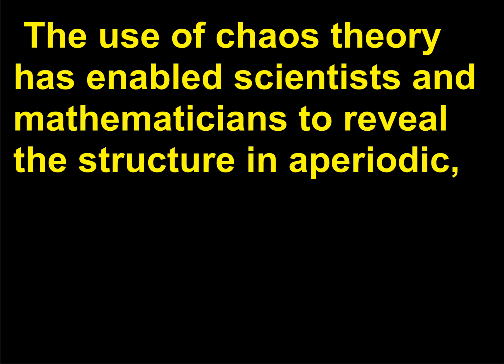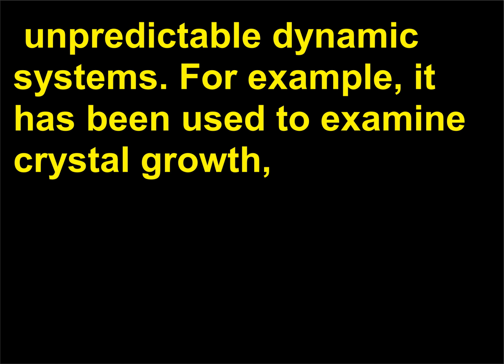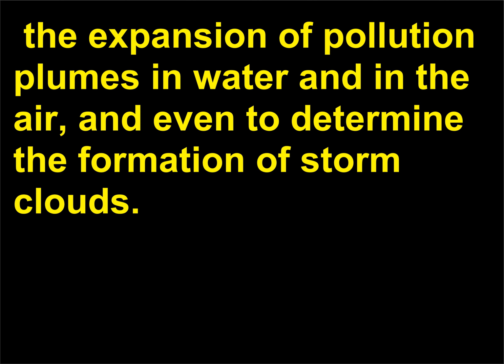The use of chaos theory has enabled scientists and mathematicians to reveal the structure in aperiodic, unpredictable dynamic systems. For example, it has been used to examine crystal growth, the expansion of pollution plumes in water and in the air, and even to determine the formation of storm clouds.